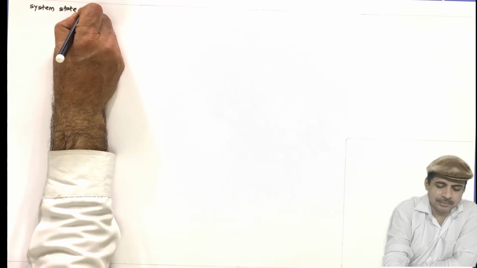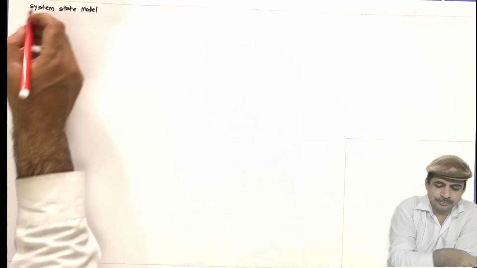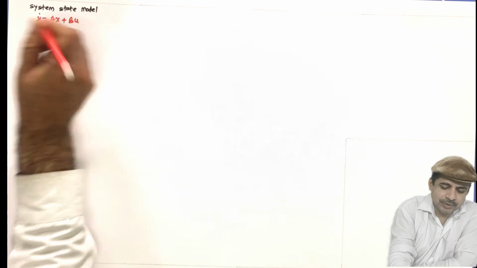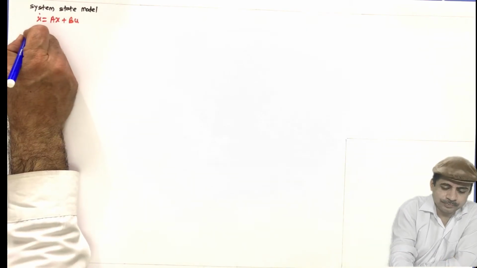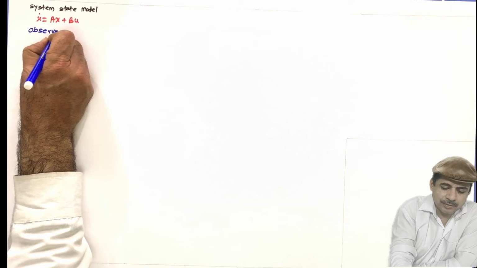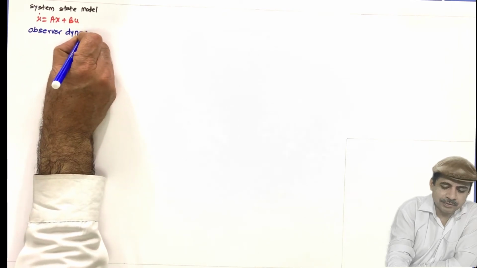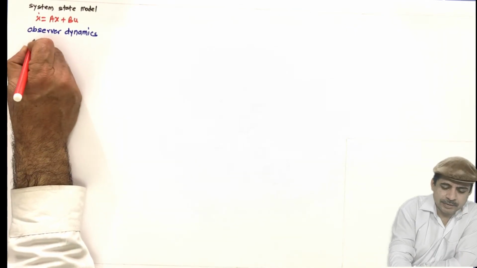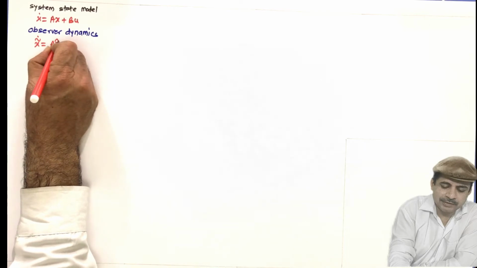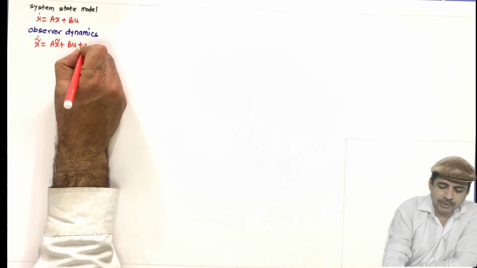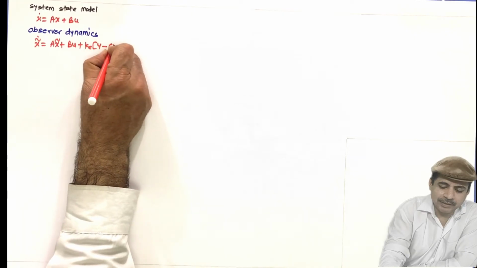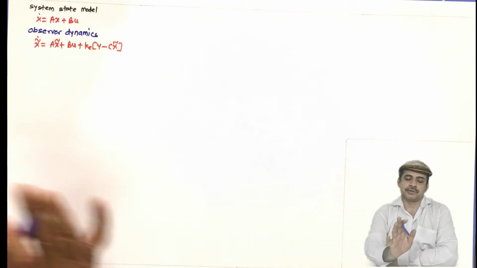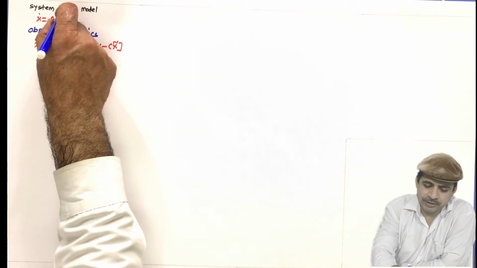System state model is x dot is equal to ax plus bu and observer dynamics is x tilde dot is equal to ax tilde plus bu plus ke into y minus cx tilde. And now let us try to draw a pictorial view of this, draw a block diagram of the algorithm. So first let us represent this equation.